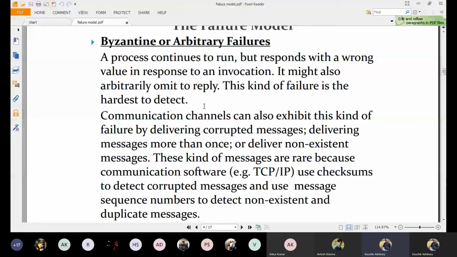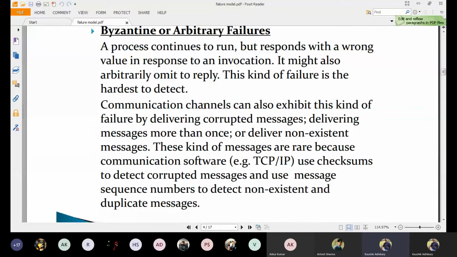For example, I'm going to an ATM and it may be possible, due to some failure, that the ATM is not able to respond, or it has given me more cash than I had requested. So these are the Byzantine or arbitrary failures.